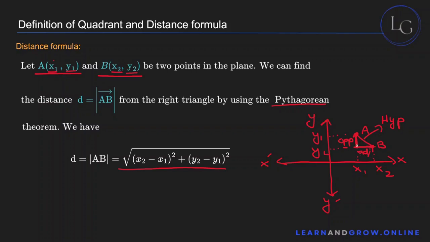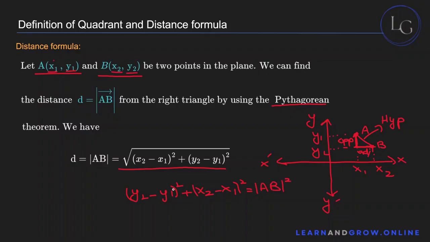So if you apply the Pythagorean theorem on it, the opposite side is clearly y2 minus y1, so (y2 - y1) squared plus the adjacent, which is (x2 - x1) squared, is equal to the hypotenuse squared, which is what we're trying to find. That will be |AB| squared.